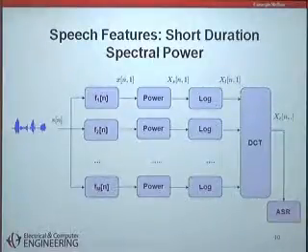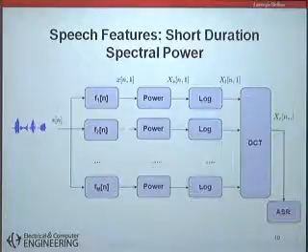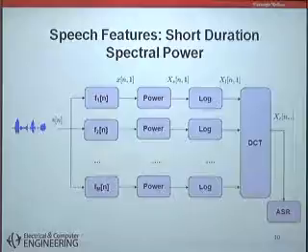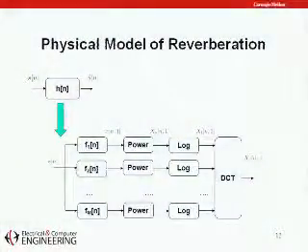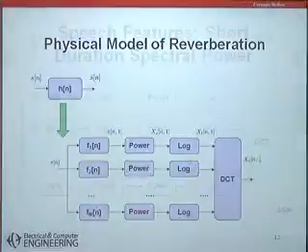So what I'm going to do next is to study how the reverberation phenomenon, which is happening here, affects these consecutive outputs, and try to derive an approximate model to represent reverberation. As I already mentioned, reverberation happens here, and then we'll study the impact of reverberation at later stages.